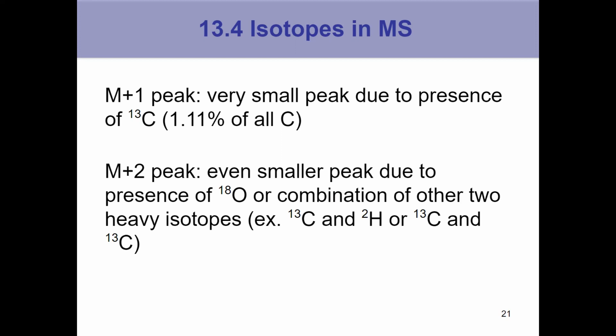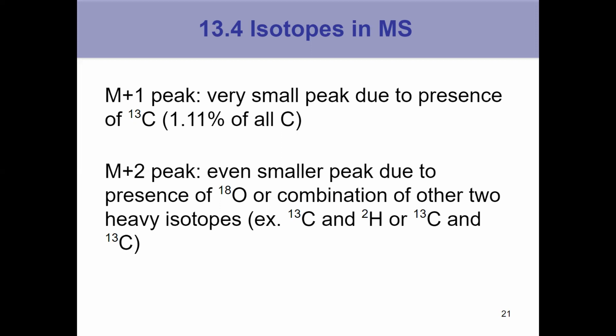So a carbon-13 and a deuterium together, that's M+1+1, or M+2 overall. Or if you had a large molecule, it's more common to have two carbon-13s. That would give you an M+2, but 1% of 1% is the probability for you to actually get that.